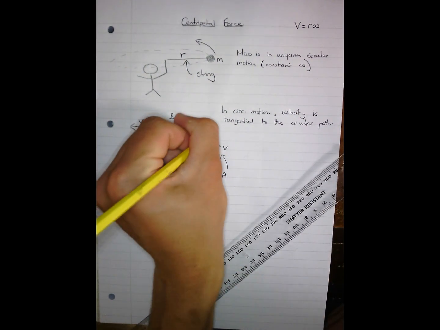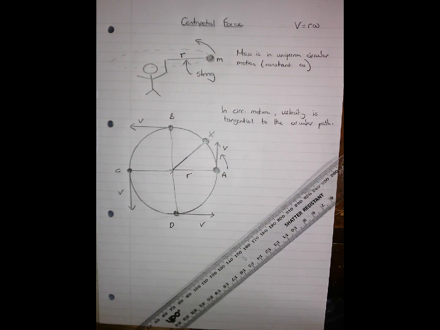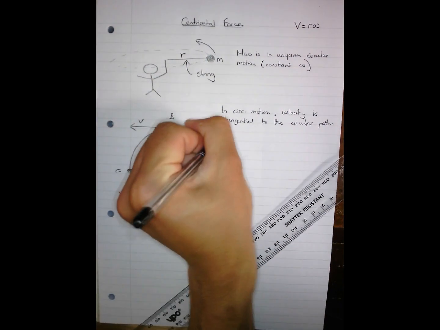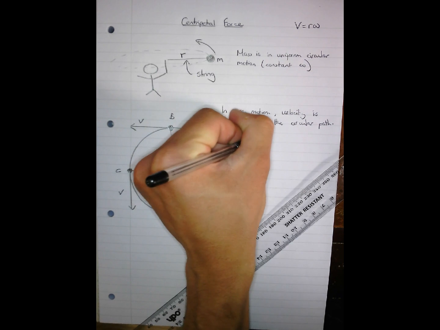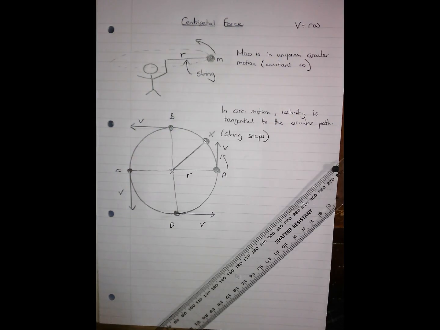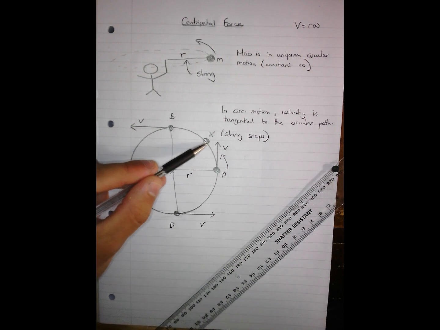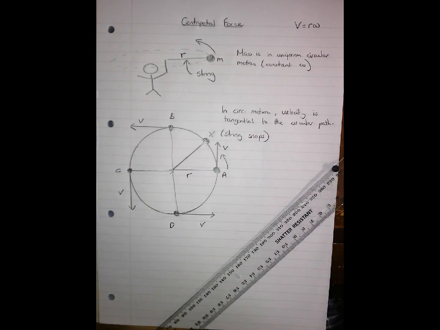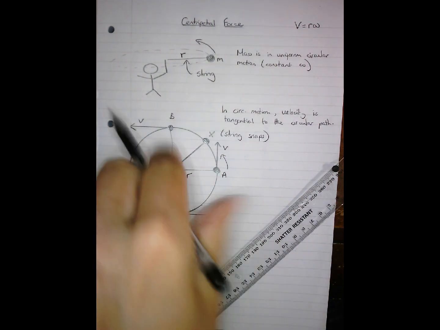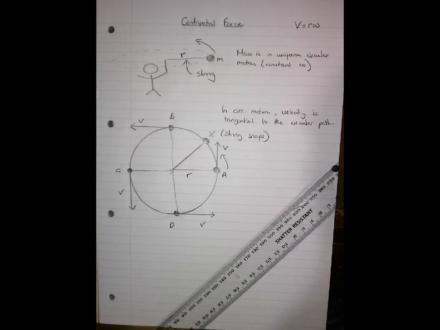We'll call this point X. At this point, the string snaps. Now, what I would like you to do is pause the video and draw a bird's eye view of what would happen to this particle after the string has snapped. Please don't worry about any vertical motion. Just worry about what it would look like from this top-down bird's eye view perspective.